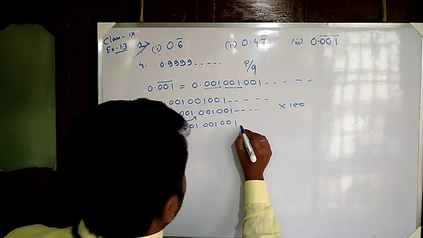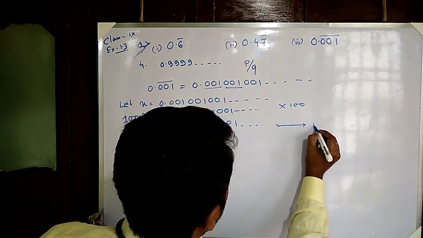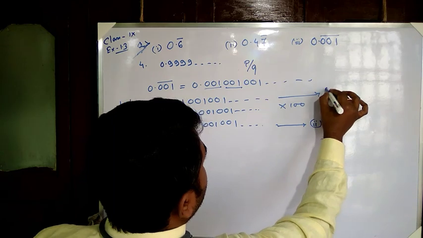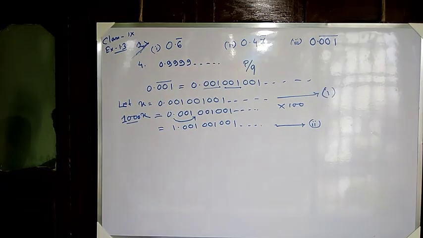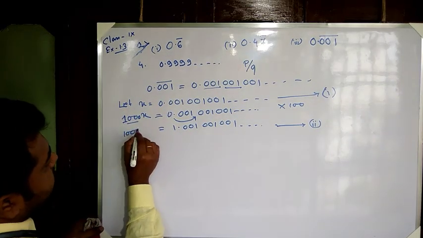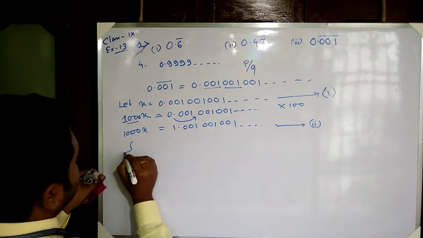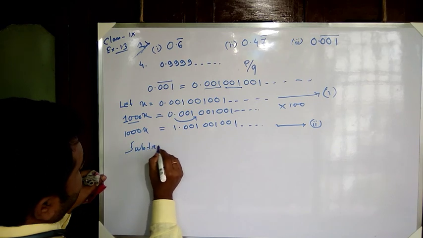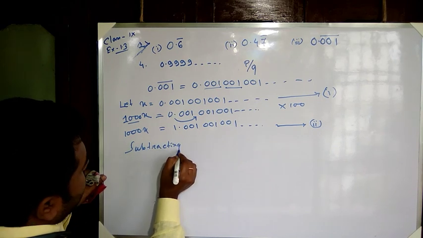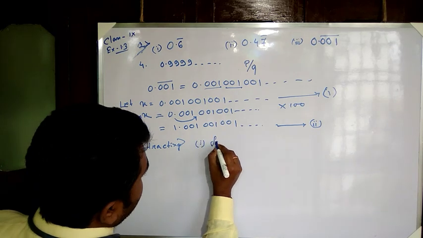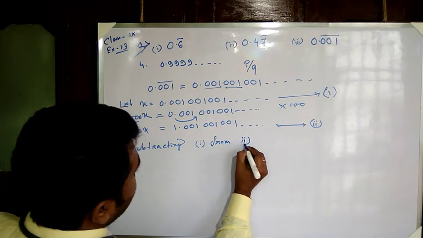So now this is your Roman 2 and that was Roman 1. Now I can subtract, subtracting 1 from 2.